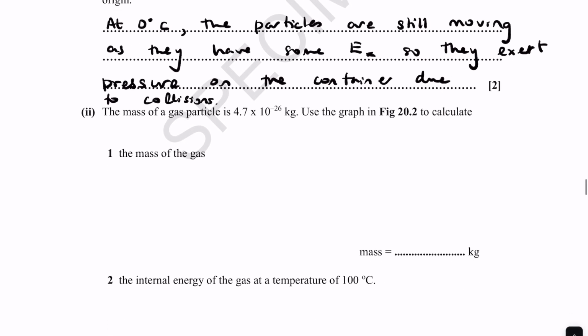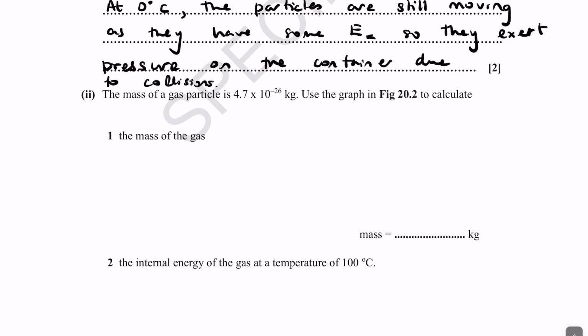Then it further says that the mass of a gas particle is 4.7 times 10 to the minus 23 kilograms. Use the graph in figure 20.2 to calculate the mass of the gas. So we know a formula which is given as PV equals nKT, where n is the number of particles and k is the gas constant.